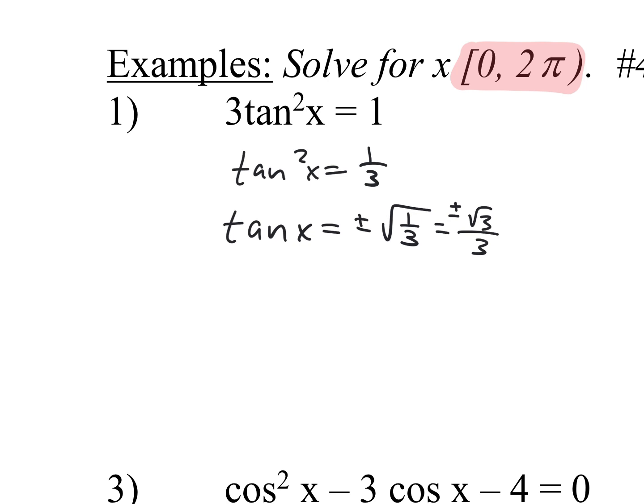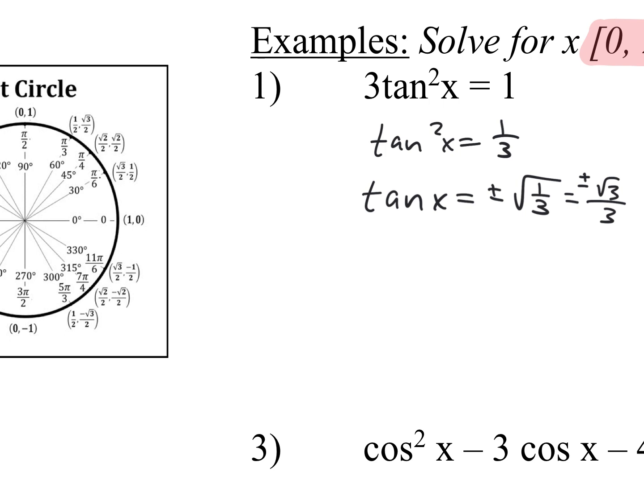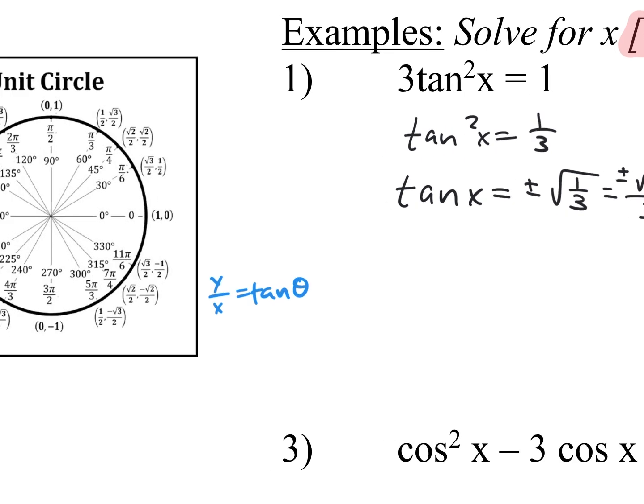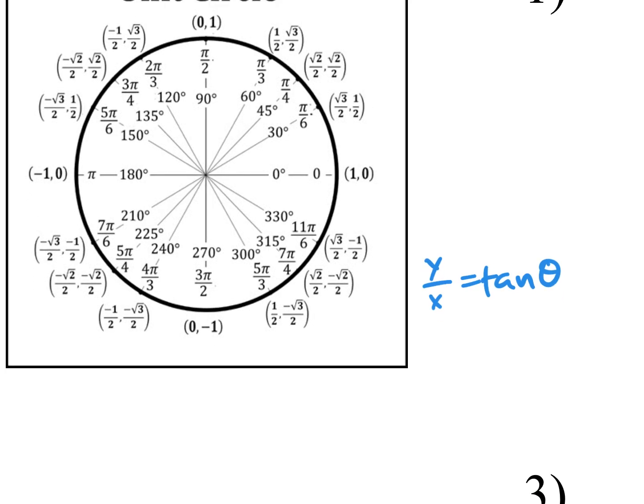And why that's helpful for us is that this shows up on our unit circle. So what we're really looking for are coordinates on our unit circle where the y over x, in other words, our tangent value, equals root 3 over 3. So as I work my way over here, I'm going to just kind of experiment. Let's see what works.